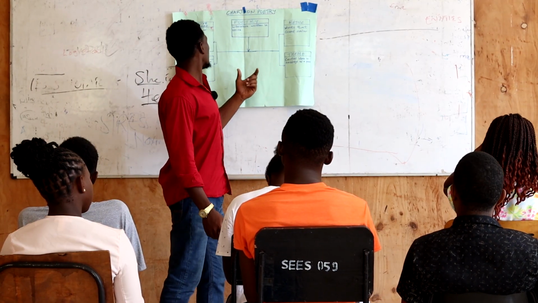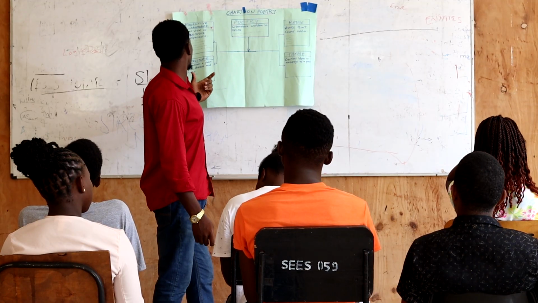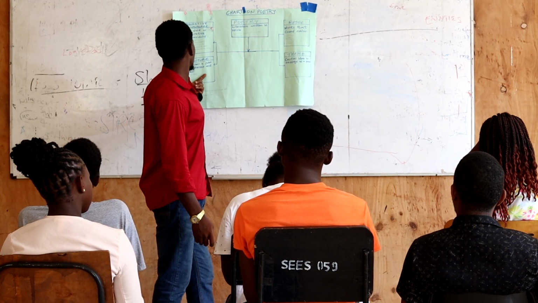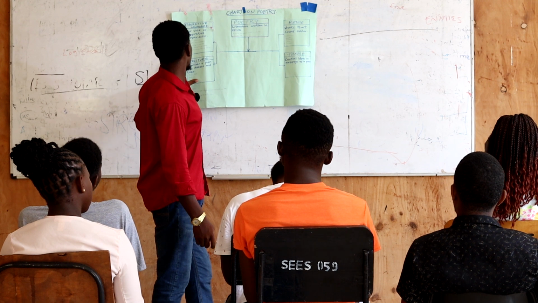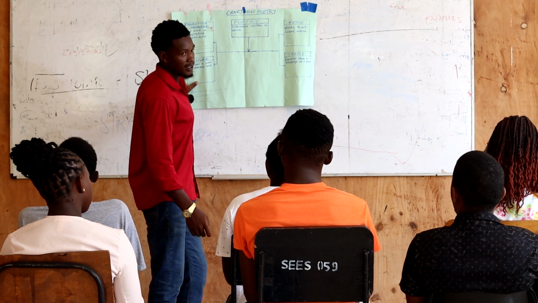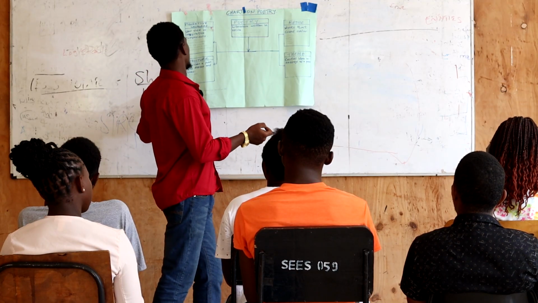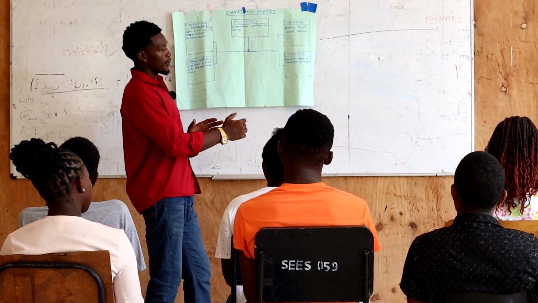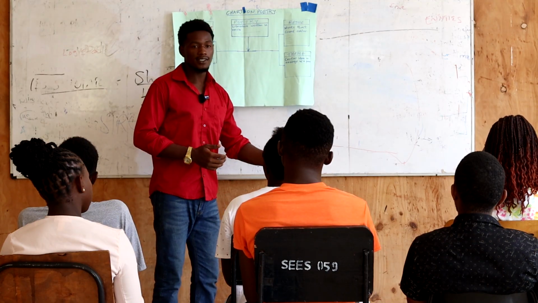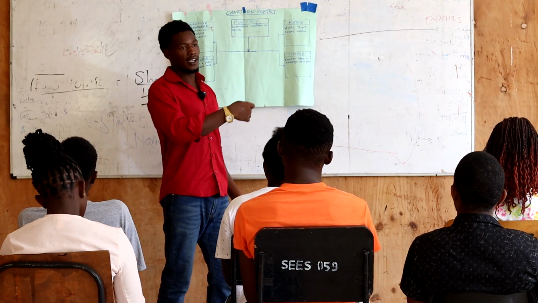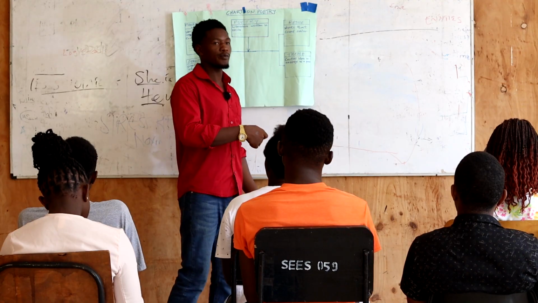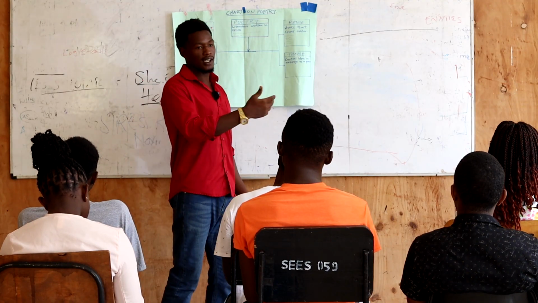Some of the other elements, under structure, we have the rhyme. Under the structure of the poem, we can study the rhyme, and under the rhyme, we see how a poem is organized into stanzas or lines, and it has that rhyming scheme, that repetition of similar sounds.